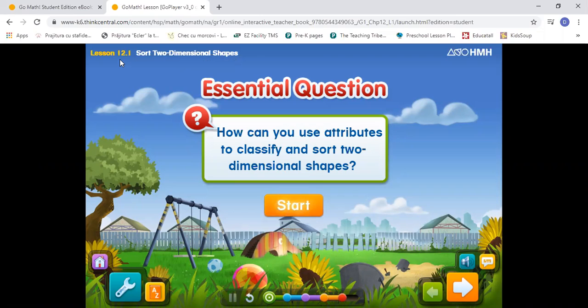Let's see what we will learn in this lesson. How can you use attributes to classify and sort two-dimensional shapes? So in this lesson, we will learn about types of attributes that we will use to classify and sort two-dimensional shapes, yes? Attribute words that describe.